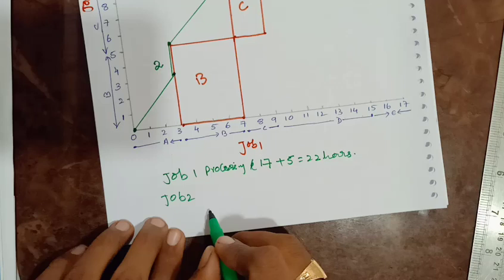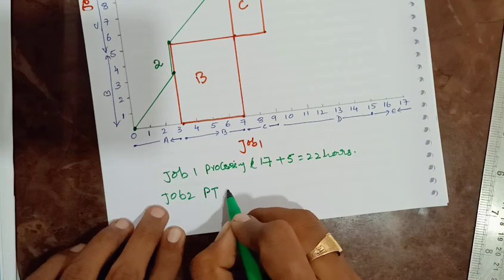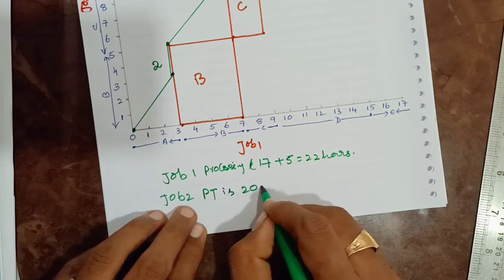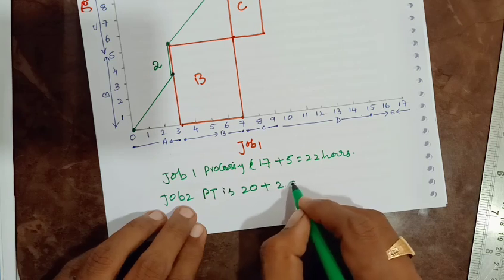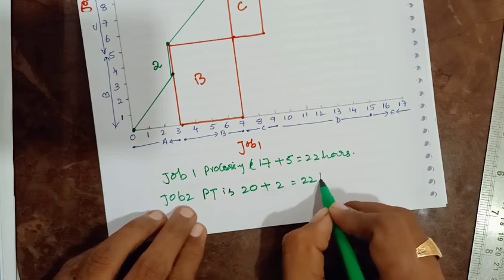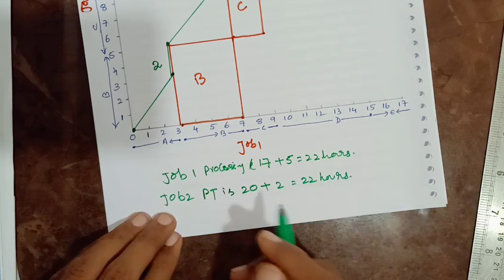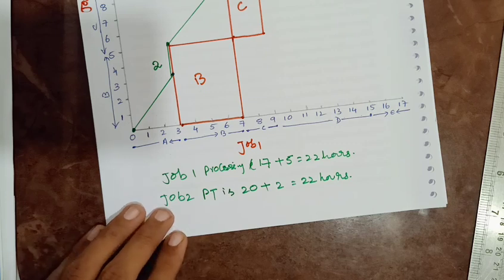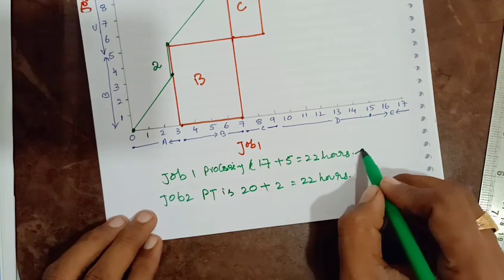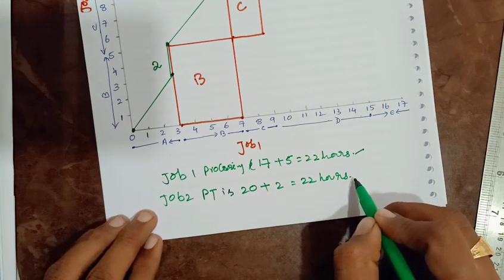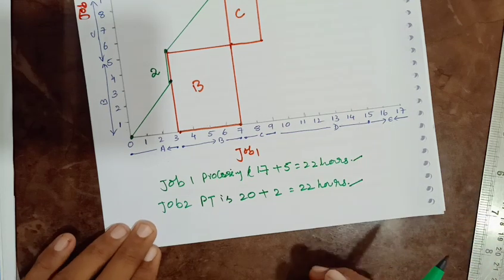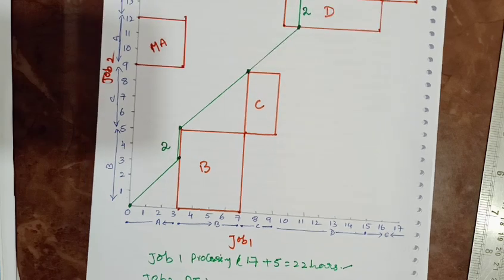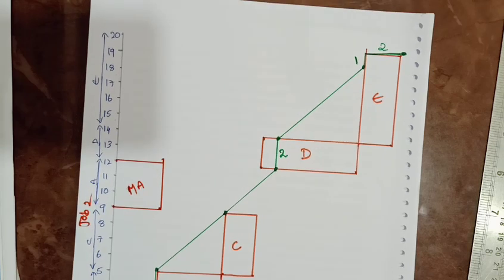So for job 2, processing time is how much? 20 plus idle time is 2. So this will be 22 hours. So total elapsed time will be 22 hours for job 1 and 22 hours for job 2. So this is how we can solve graphically the sequencing problem. Okay. Thank you.